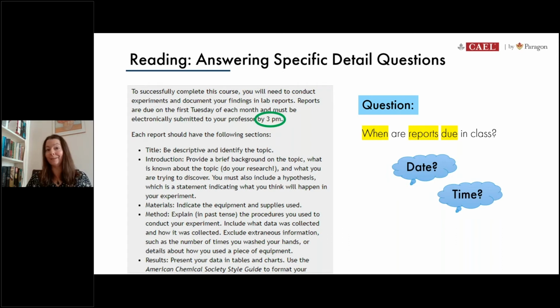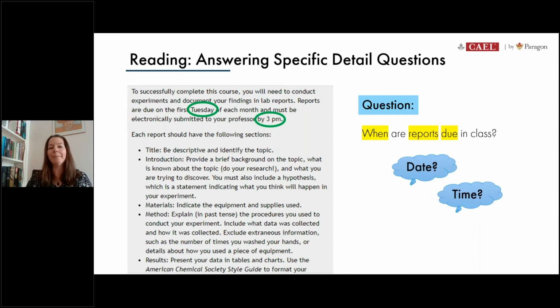Now 3 p.m. is a good start, but in this case, it doesn't tell the whole picture. I'm still looking for some sort of maybe specific date. So it could be the day of a week, maybe the day of the month, maybe a year. So again, I'll return to this document and let my eyes scan quickly. And this word next jumps off the page at me. The word is Tuesday. It's the name of a day of the week, so it starts with a capital letter.